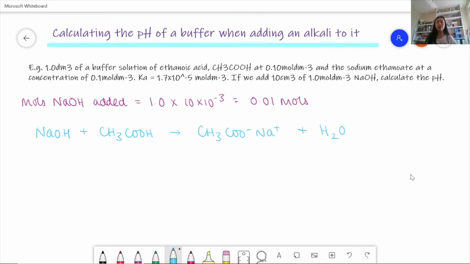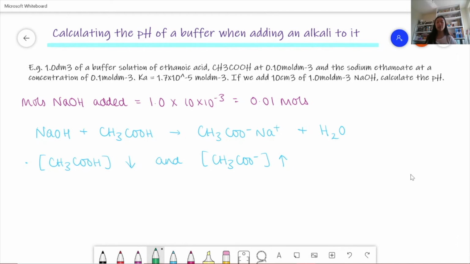And so we can see from this that overall the concentration of ethanoic acid will decrease because we're reacting it with all the sodium hydroxide that has been added. And also the concentration of this ethanoate ion will increase because we're producing it from reacting the ethanoic acid with the sodium hydroxide. And so this is going to help us with working out what happens to the pH.